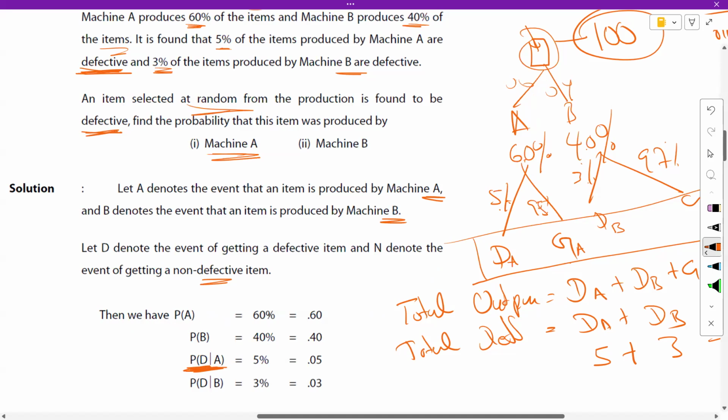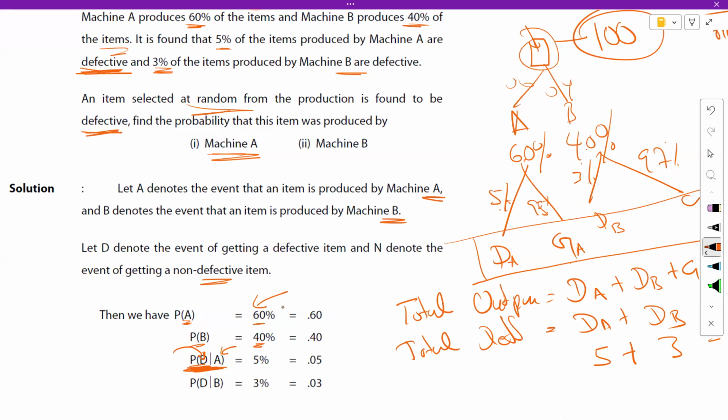Probability of getting A, machine A production, machine B production. Let's look clearly at this. Probability of a defective item under the condition of A. First, we have to take the output of machine A. Among that, we take the defective item.